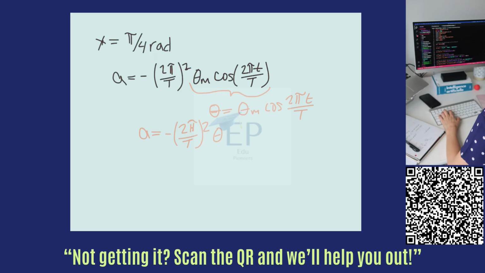So we're able to substitute everything in, and we get our acceleration equals negative 2 pi divided by 0.500 seconds squared times pi over 4, giving us a final acceleration of negative 124 rads per second.